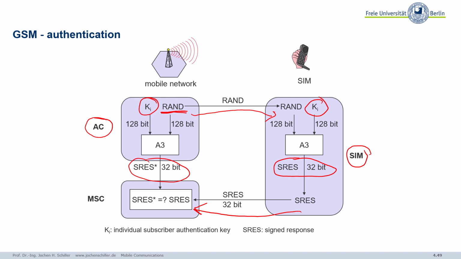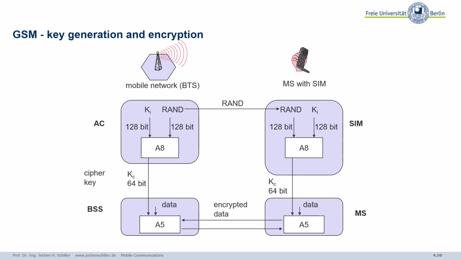Then you participate in the mobile phone network, and then we use the other algorithms, A8 and A5. How is this done? Let's assume you want to set up a call. Again, we use the authentication center and the secret key KI on both sides. Again, we send a random number to the SIM, and together random number and secret key generate a cipher key, KC.